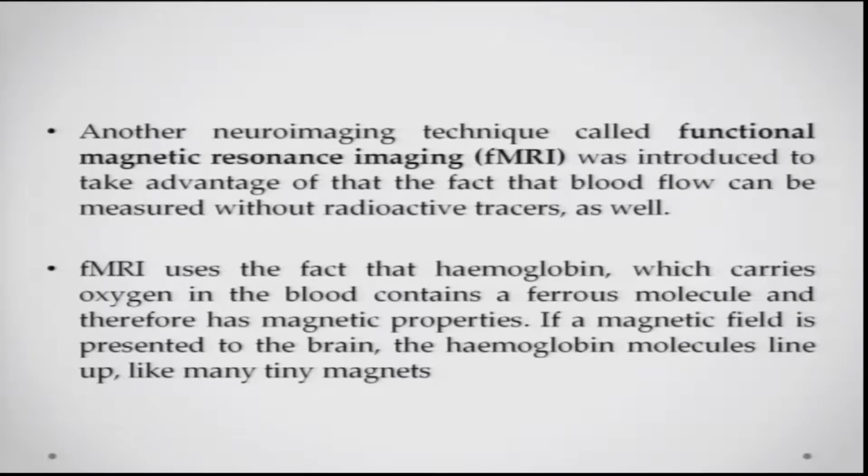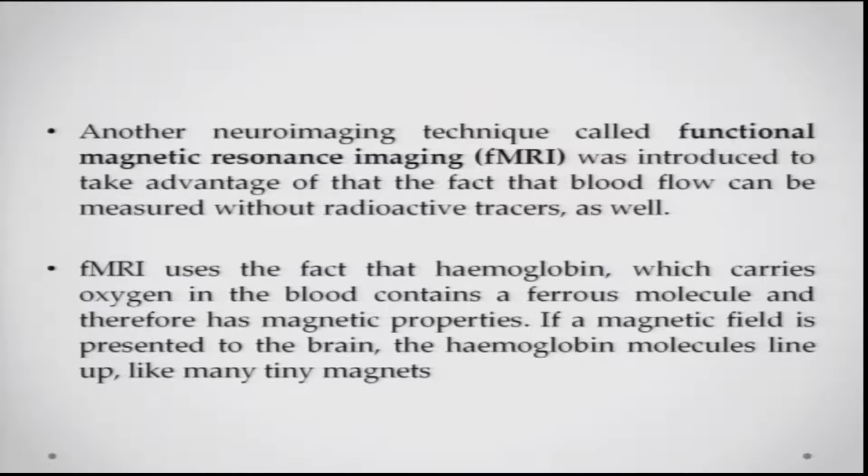Now, fMRI, as it is called, uses the fact that hemoglobin, a molecule in your blood that carries oxygen, contains an iron molecule, something that is attracted to magnets; it has magnetic properties.